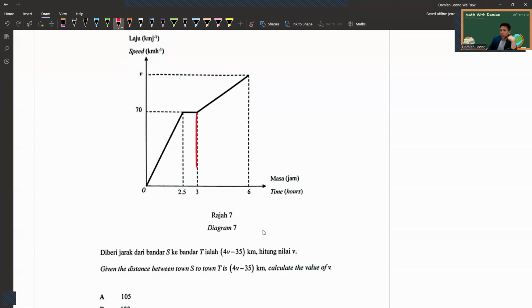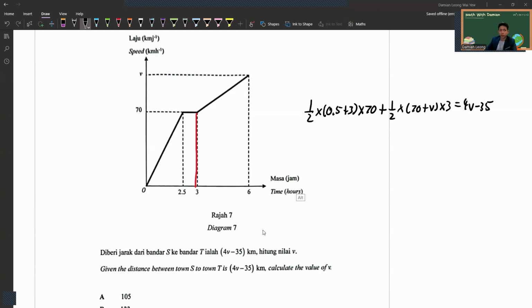So we can split it into two shapes. This distance, trapezium, half times the sum of parallel sides, which is 0.5 plus 3 times height 70, plus the other distance, half times the sum of parallel sides, 70 plus V times 3, since 3 to 6 is 3 hours. And it will be equal to 4V minus 35.